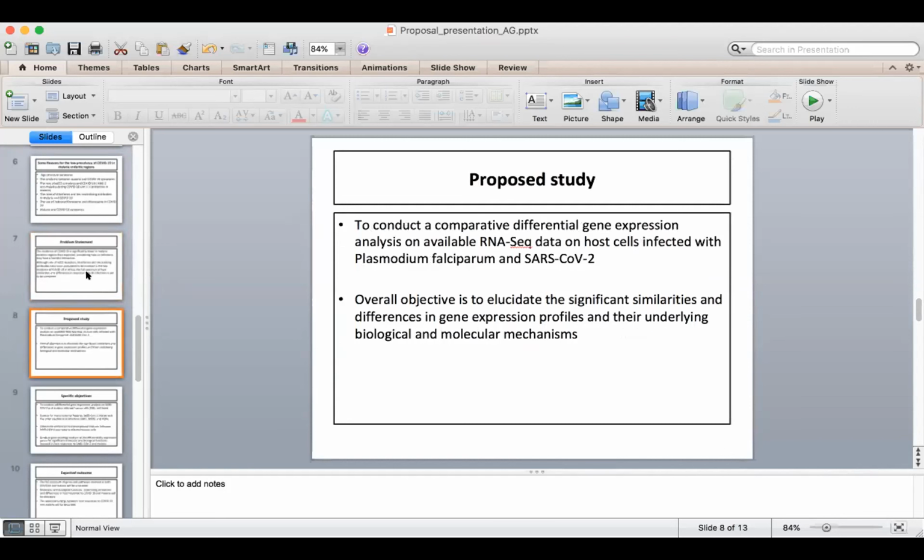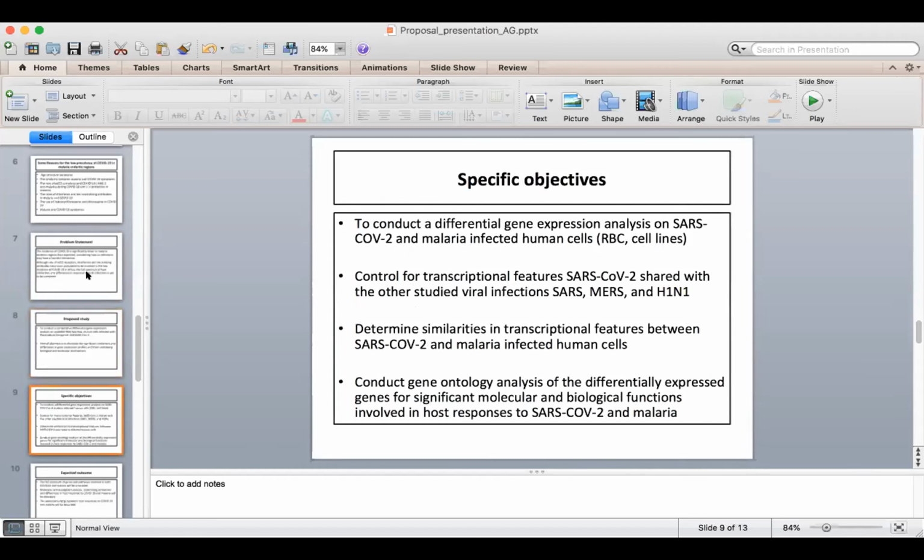So we are proposing to conduct a comparative differential gene expression analysis on available RNA-seq data on host cells infected with Plasmodium falciparum and SARS-CoV-2. The overall objective is to elucidate the significant similarities and differences in gene expression profiles and the underlying biological and molecular mechanisms. Specifically, we want to conduct a differential gene expression analysis on SARS-CoV-2 and malaria-infected human cells, red blood cells, and there are other cell lines too.